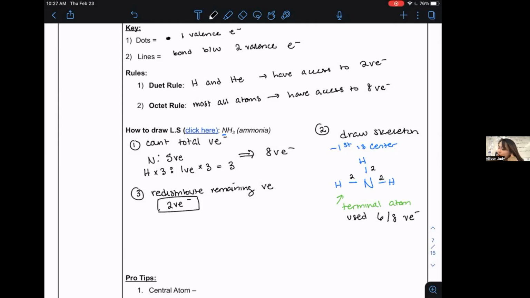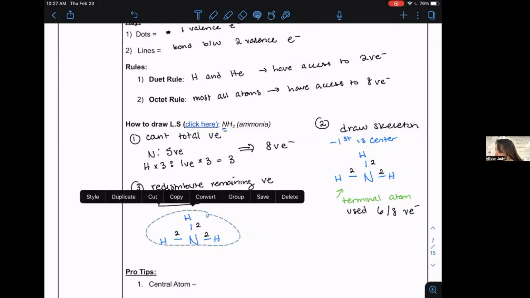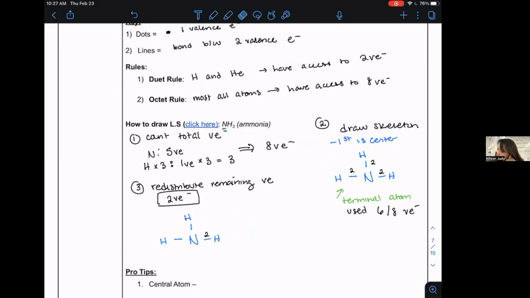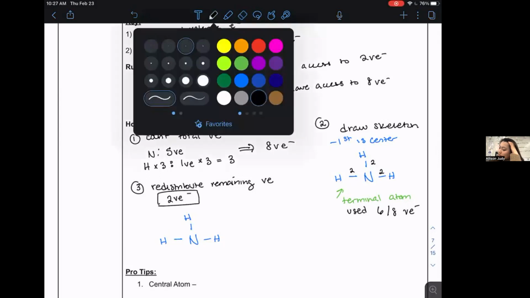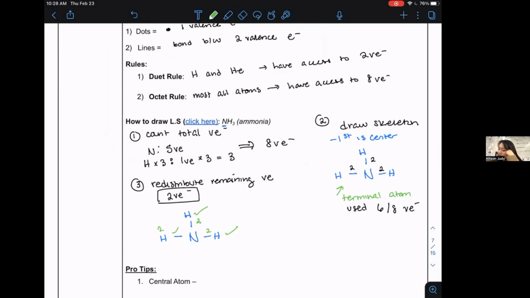So what I say to myself is, well, my structure currently is this. And I need to look and say, according to the duet rule, right now, hydrogen has its duet. It has access to 2 through that bond. This hydrogen also has access to 2 through that single bond. This hydrogen also has access to 2 through that single bond.